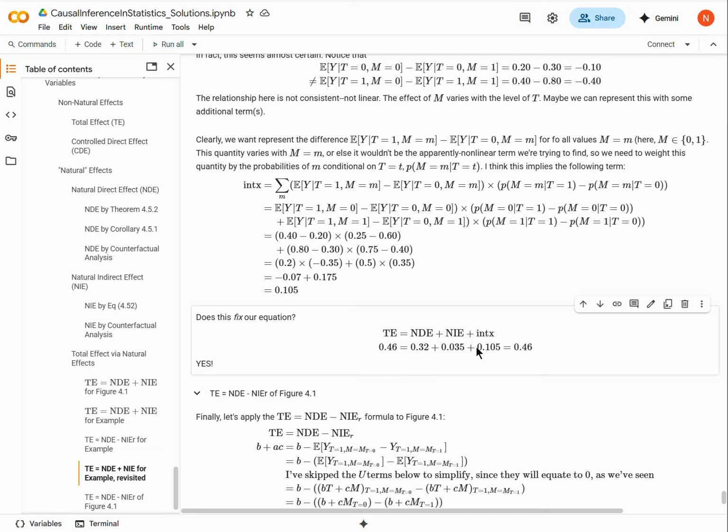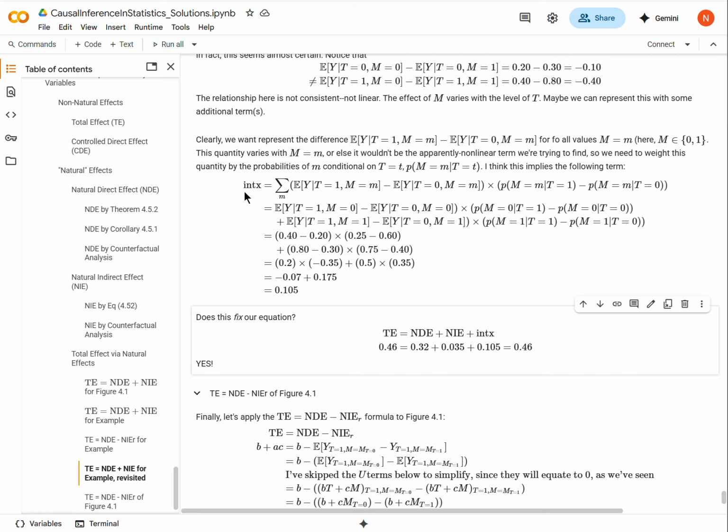So we already know that it has to be this value, but can we derive that? Can we find an expression for this interaction term, rather than just relying on the backfitting of finding the difference between the left-hand side and the right-hand side and just calling the rest the interaction term?